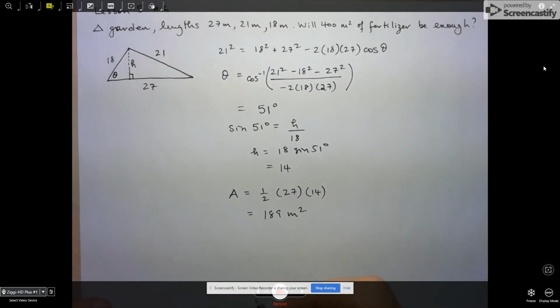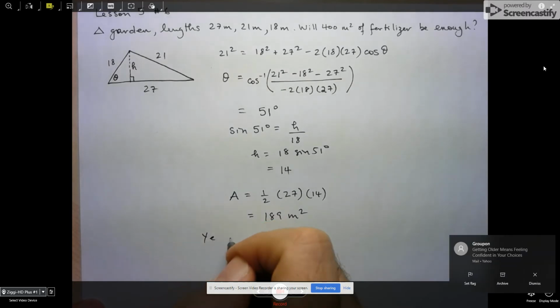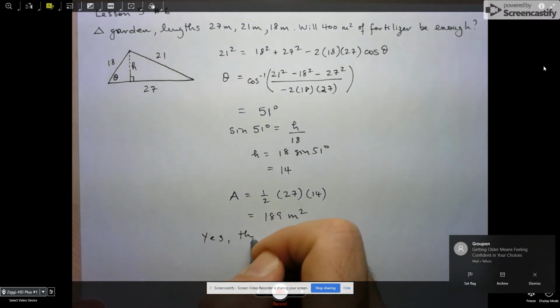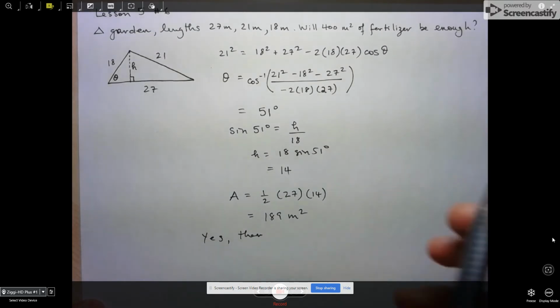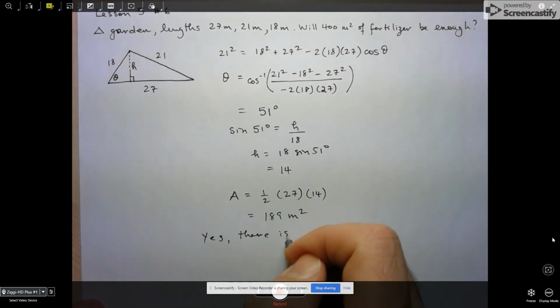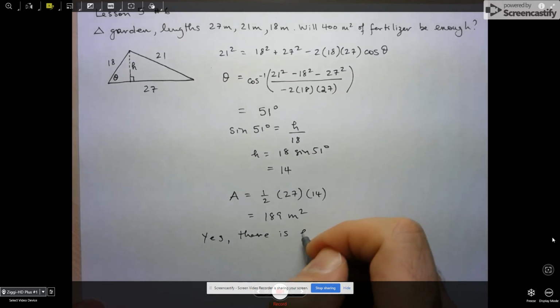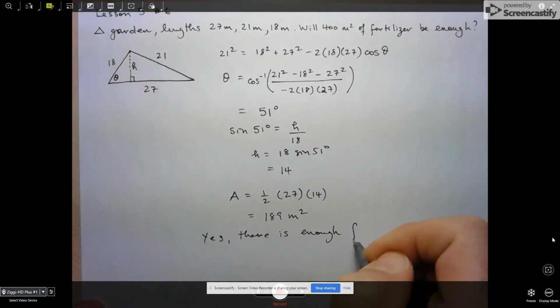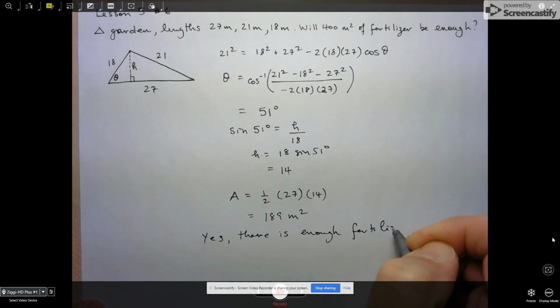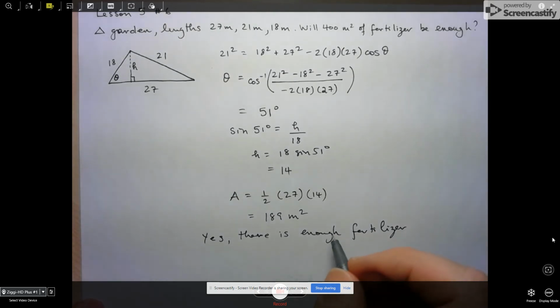So we have more than enough. So yes, there is enough fertilizer. In fact, there's enough to cover it twice. So I don't even need to buy an extra bag of fertilizer for the next time I need to use it.